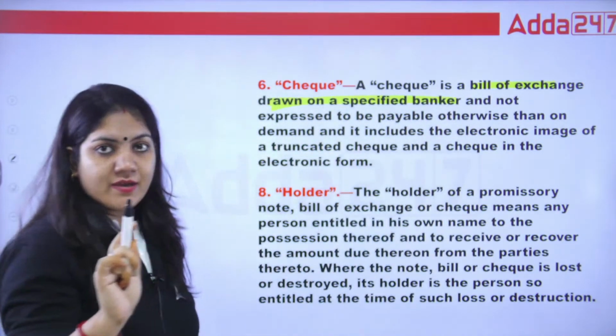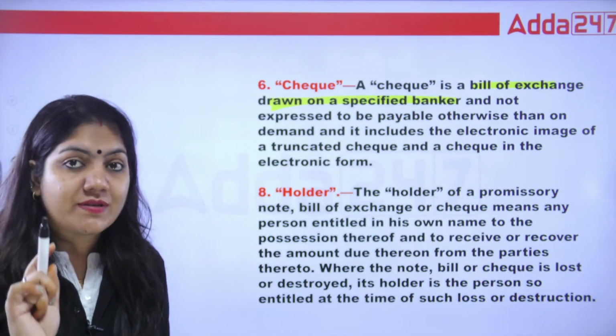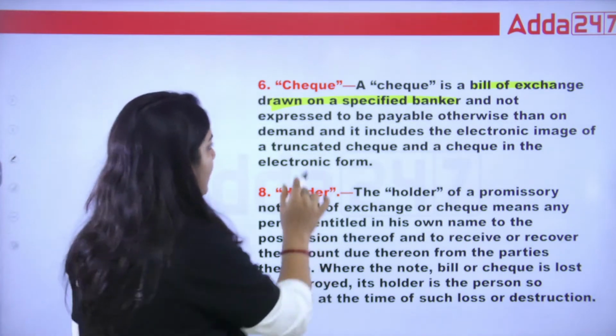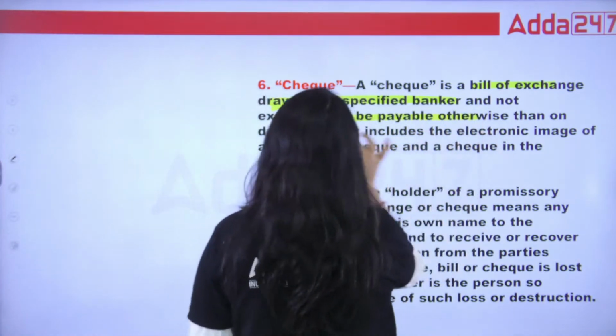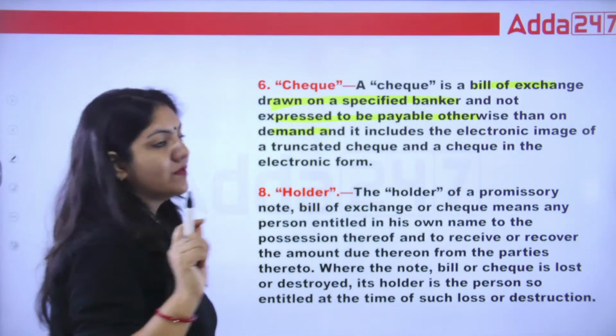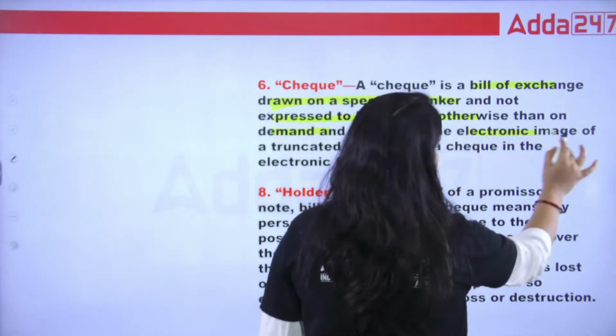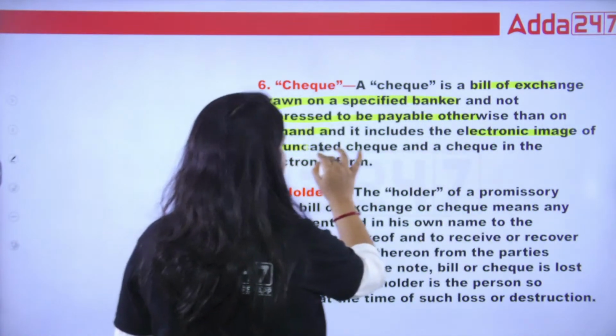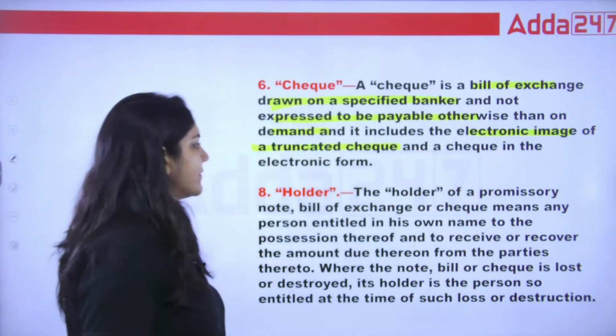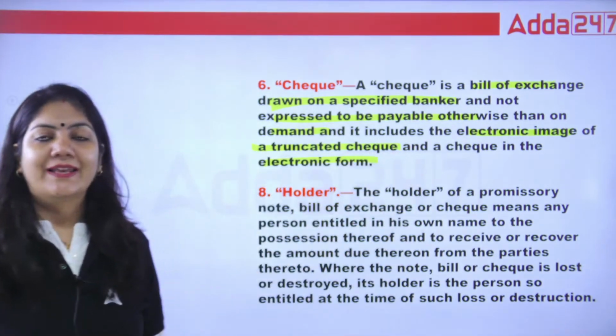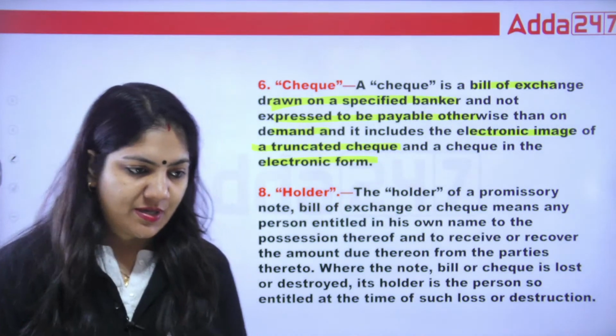In a check, the bank is always the drawee, not expressed to be payable otherwise than on demand, because a check is always payable on demand. A check also includes the electronic image of a truncated check, because right now we also use the electronic check and truncated check. That's it.